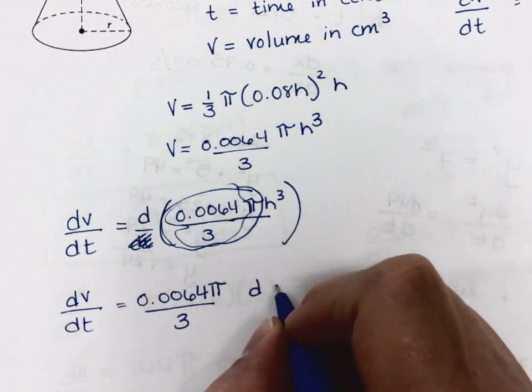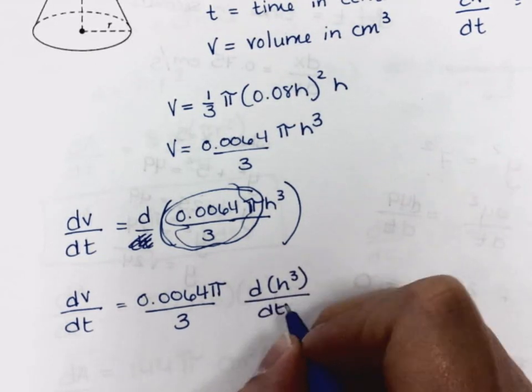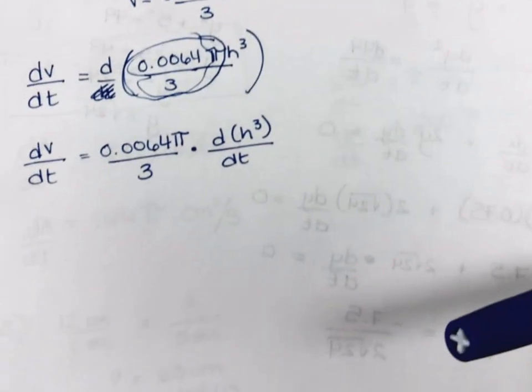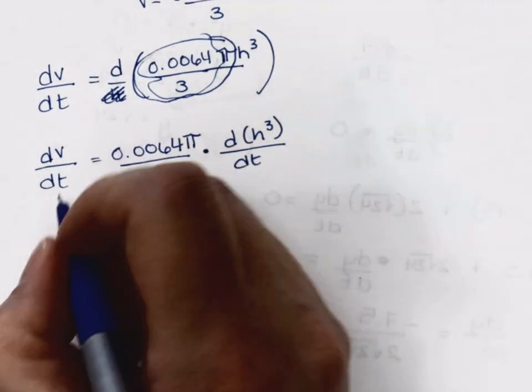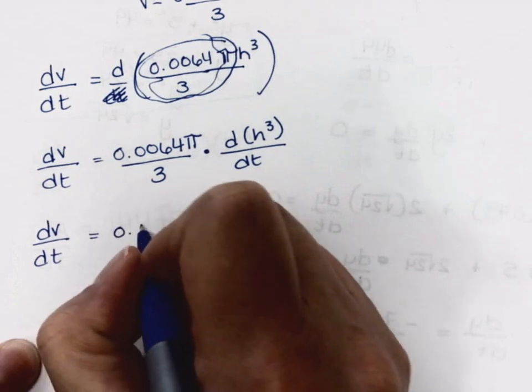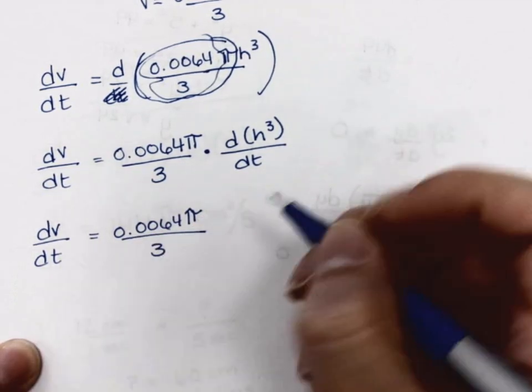And we are differentiating h cubed with respect to time. So that's going to be dV over dt equals 0.0064 pi divided by 3.